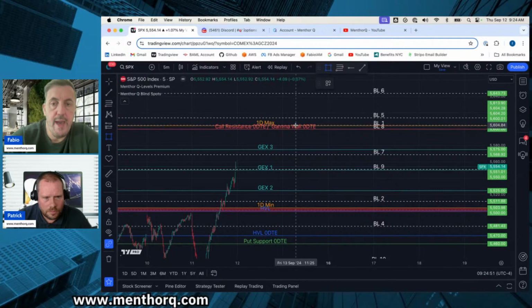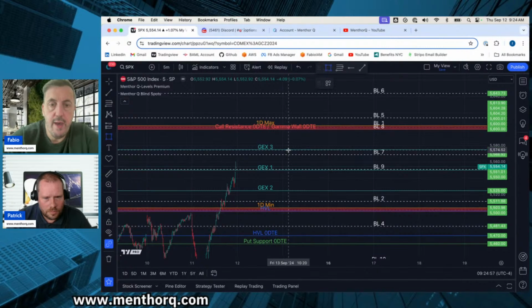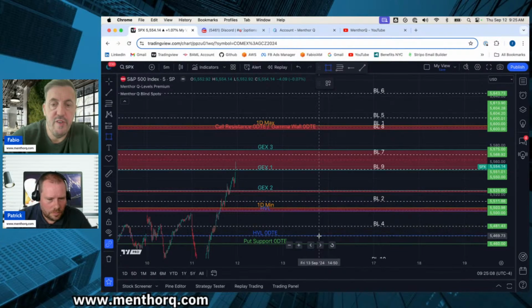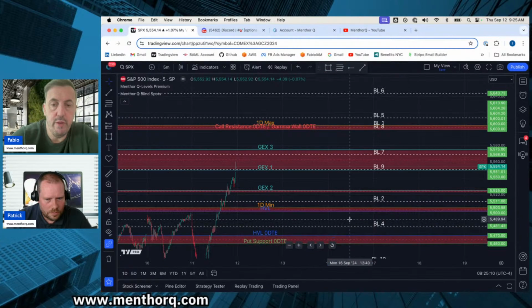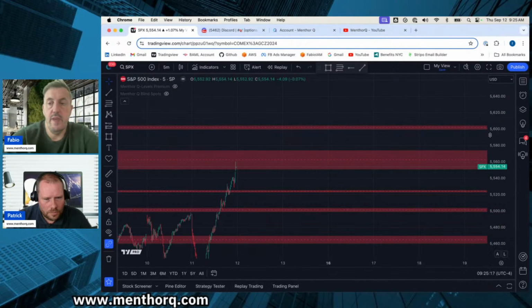We have our one day max to the upside, clustering of blind spot levels. And then we have our range right here. And then our GEX2 right here. And of course, our eyeball level put support right there. So yeah, nice and clear.